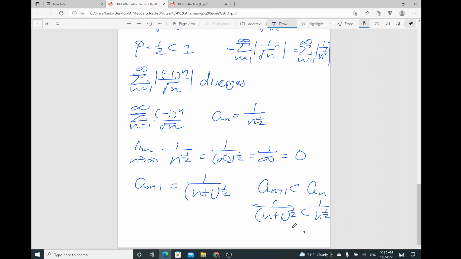For example, if you plug in n equals 1, this one is 1 over root 2, but on the other side, a sub n is just 1 over 1, which is 1, and obviously 1 is greater than 1 over root 2. Therefore, by the alternating series test, the series itself converges. So the series (-1) to the power of n over root n is considered conditionally convergent.